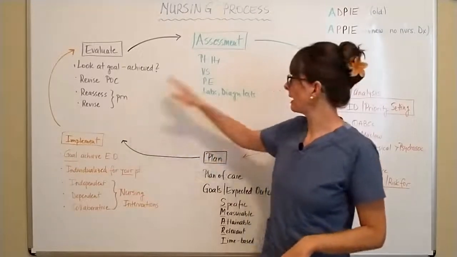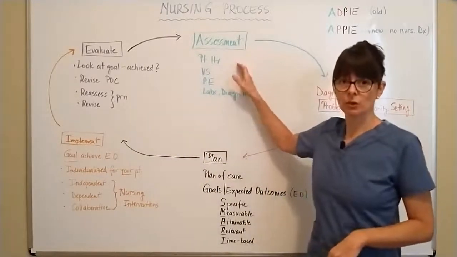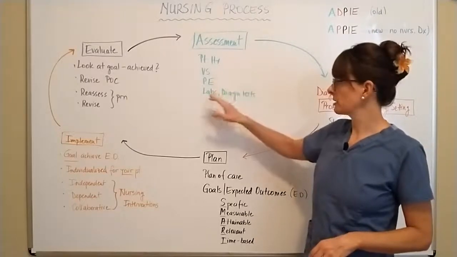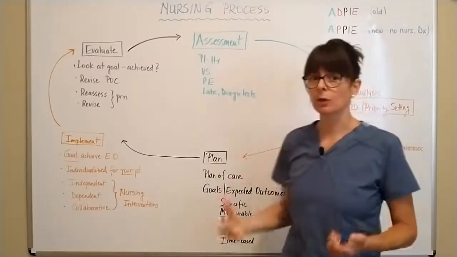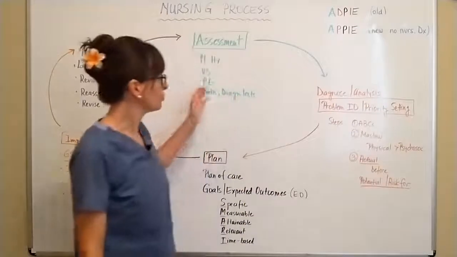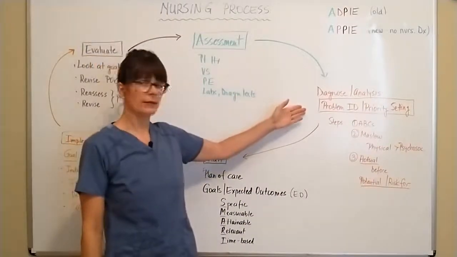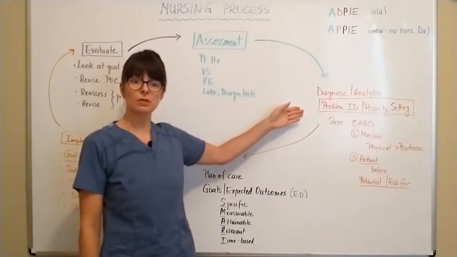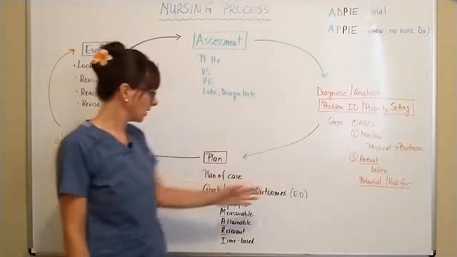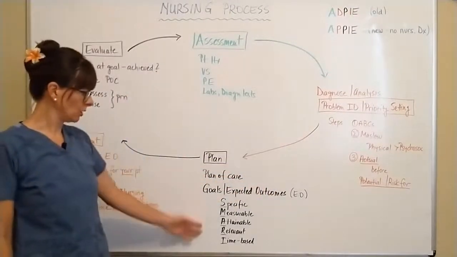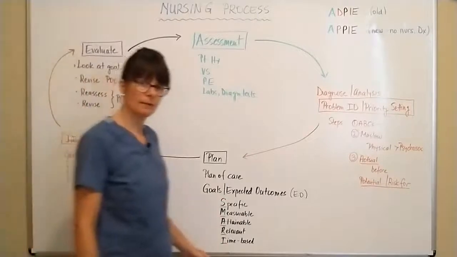So now I would go back, assess my patient, physical assessment, vital signs, labs and diagnostics, any orders, and then again reprioritize, identify maybe the new problems or see what else I can do for the patient, plan, come up with a goal following the SMART criteria.